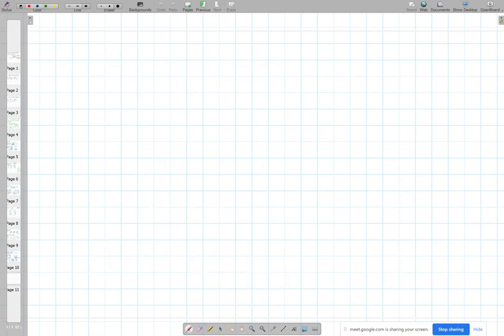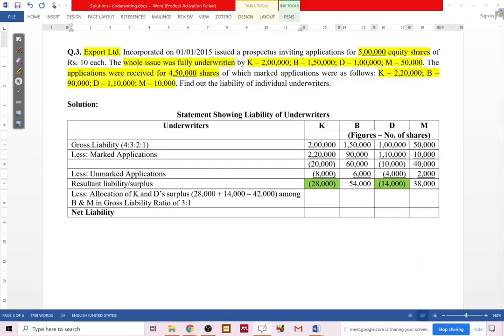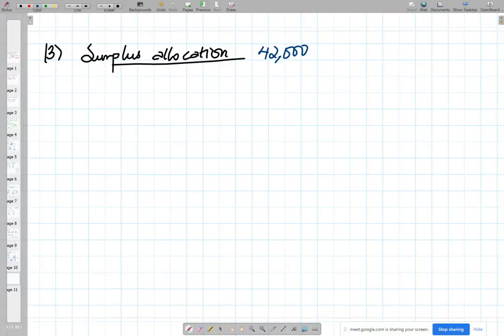You may or may not write these working notes. At least one or two working notes are important, those you have to show. But this one, we'll take it like this. So surplus allocation is 42,000, divided between B and M, the others have a surplus.